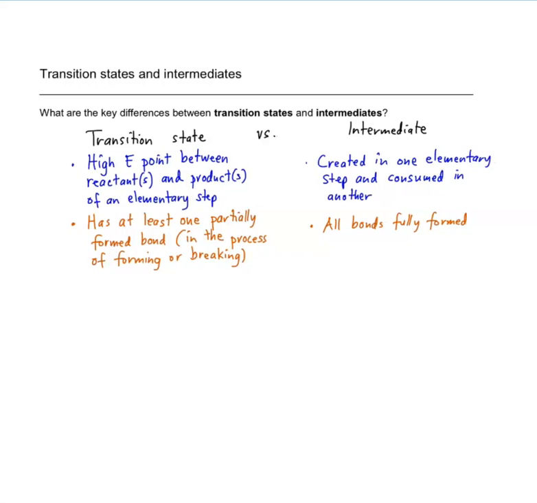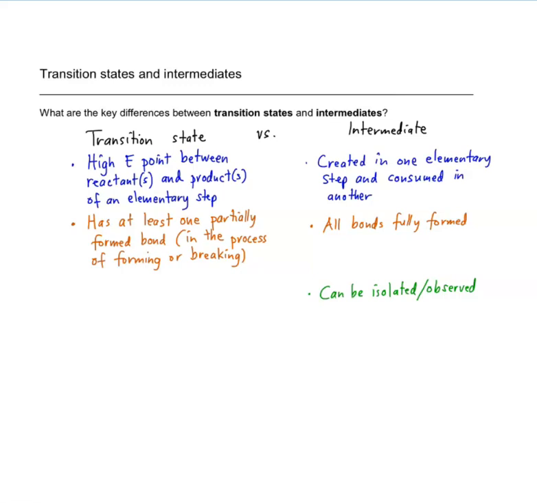And the final difference between intermediates and transition states: an intermediate can be isolated and it can be observed. Now, that might not be for a very long time. So we can observe it, but maybe we can only observe it for a few seconds or a few nanoseconds even.